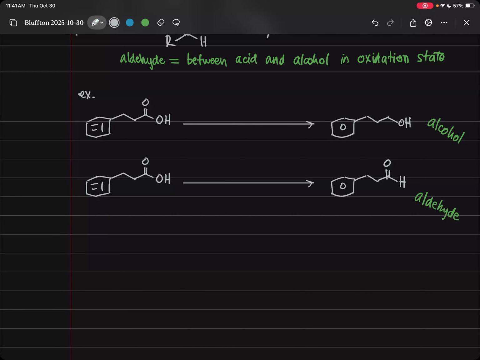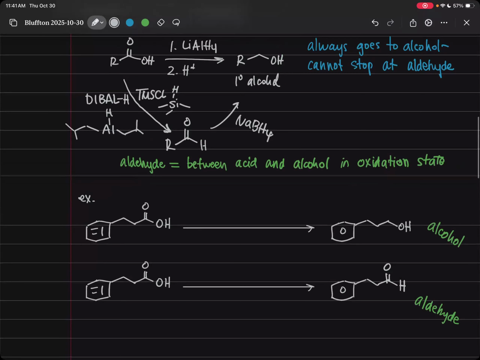So to do the carboxylic acid all the way down to the alcohol, we could do this whole process at the bottom where we use TMS chloride and DIBAL and then use sodium borohydride to reduce the aldehyde to the alcohol.